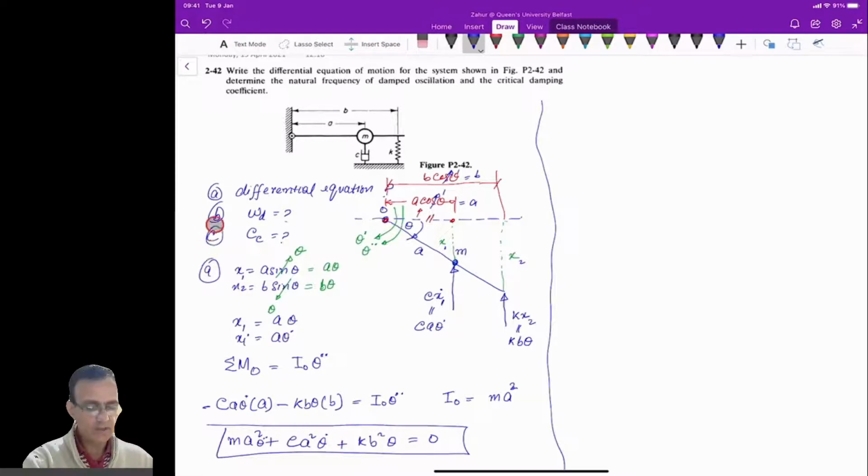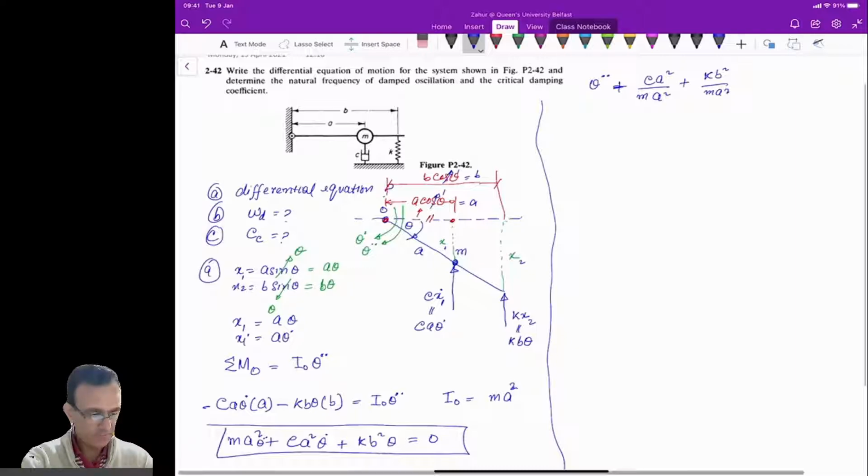Now the second thing is we need to calculate omega d and c c. For this, we need to simplify this equation. If you divide by m a square, you get theta double dot plus c a square divided by m a square theta dot plus k b square over m a square theta equals 0.